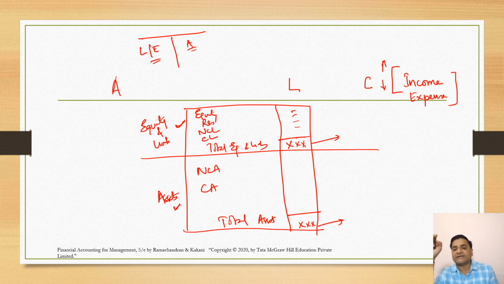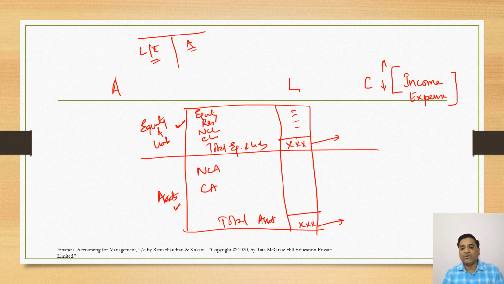So the format has been changed, but if you see, again you have only these five terms: asset, liabilities, capital, income and expenditure. That's it. So the format has been changed now, or the companies use a different format, but the rules would be the same. The items would be the same, the contents would be the same, right?